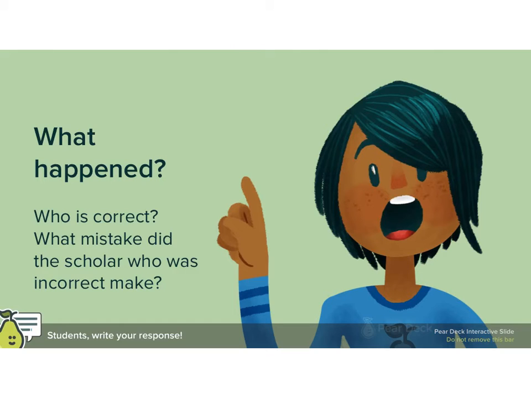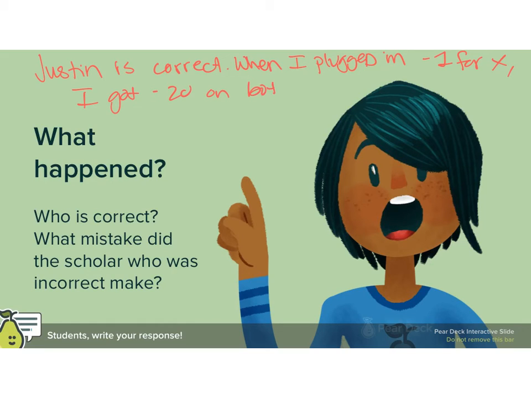So Justin is correct because when I plugged in negative 1 for b, I got negative 20 on both sides. So that's how I know who's correct. So I answered the first question.